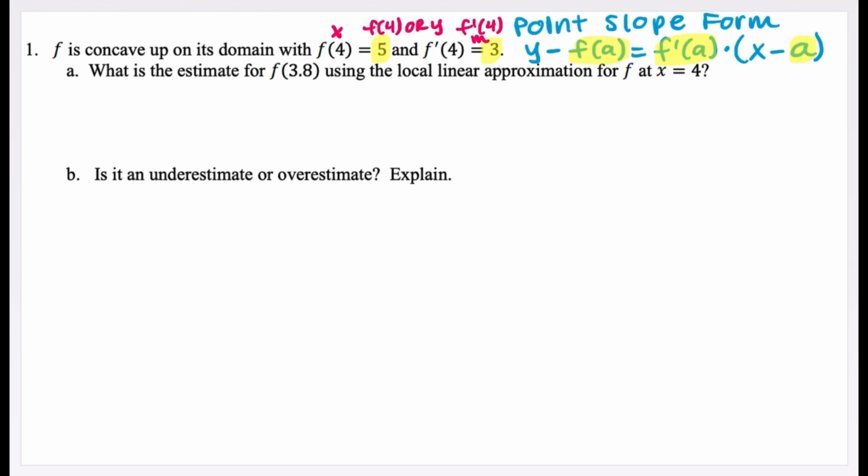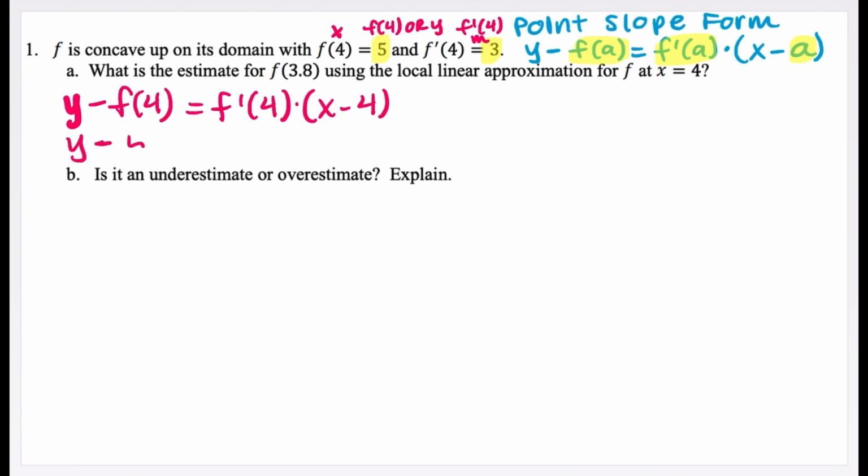So I'm going to set up the point slope form using that information. I'm going to have y minus f of 4 equals f prime of 4 times x minus 4. Then I'm going to put in y minus 5 because that's what f of 4 is. So that is the y value of the point.